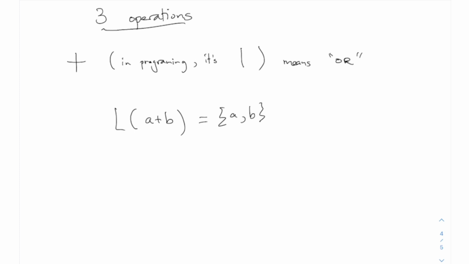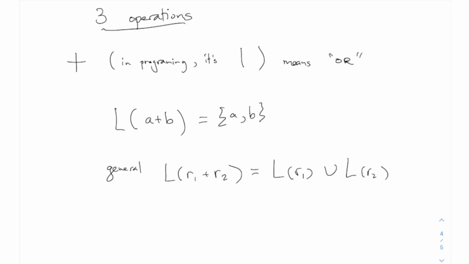In general, if you have two regular expressions and you combine them with a plus, so imagine R1 and R2, maybe they are themselves more complicated regular expressions, the language generated is this. It's the language of R1 union the language of R2. That's the or, right?